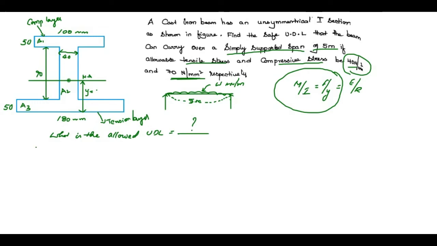Whenever we need to find out the UDL, we need to first find out the moment of resistance of the beam.